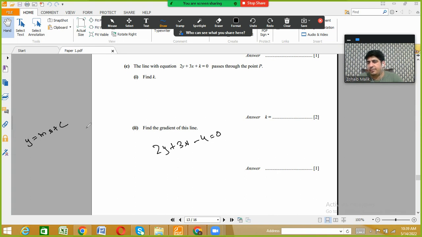We know the coefficient of x is the gradient, so let's change it into this form, which means we have to make y the subject. 2y is equal to negative 3x plus 4, and y will be equal to minus 3x over 2 plus 4 over 2, because this 2 will go there and divide both of these two terms. So the gradient is negative 3 by 2.